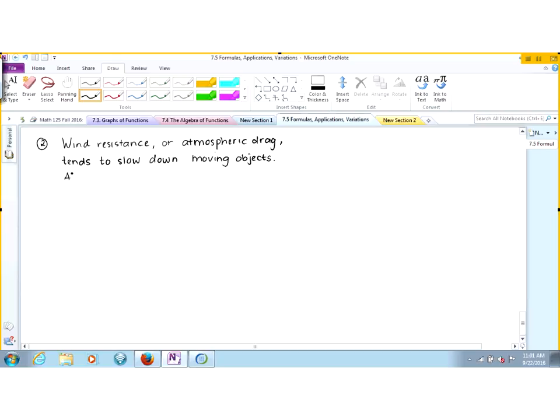Okay. So, atmospheric drag, W. We use the symbol W here, probably for wind, varies jointly as an object's surface area A and velocity v.